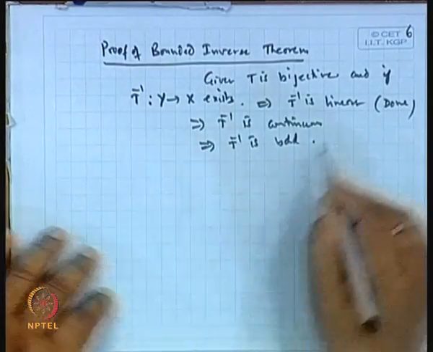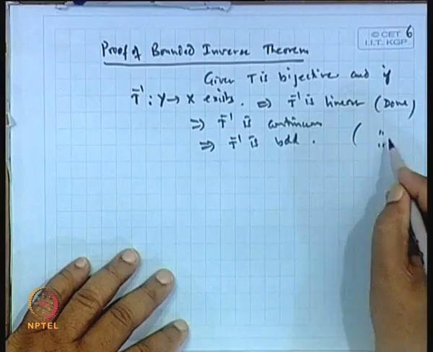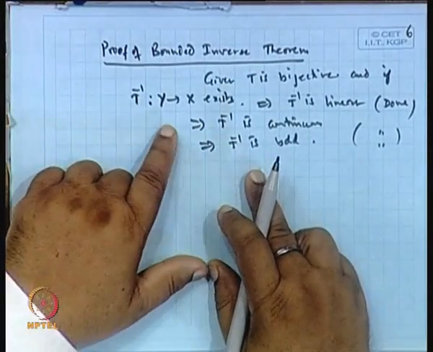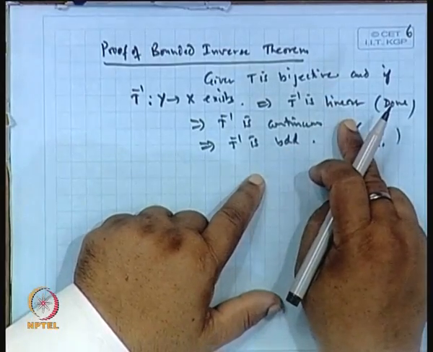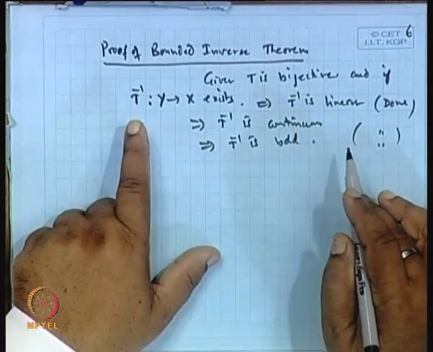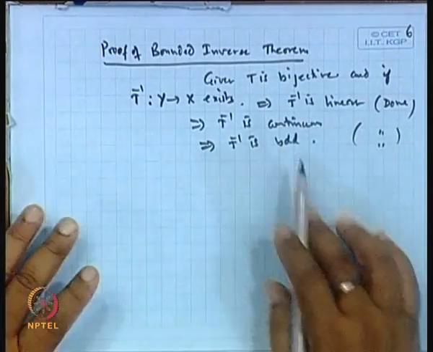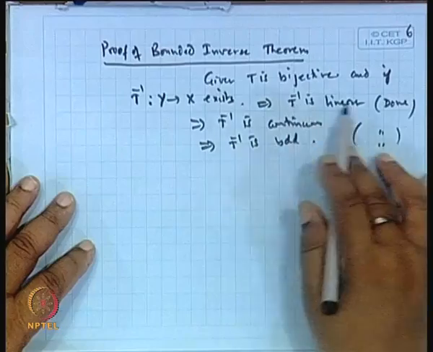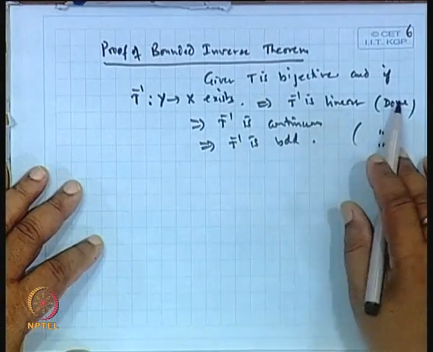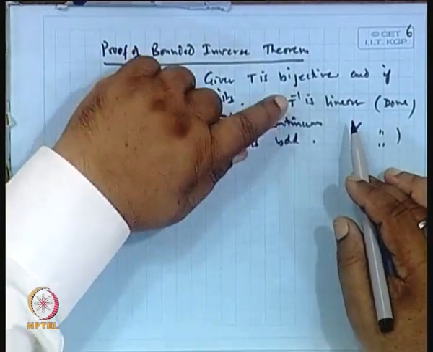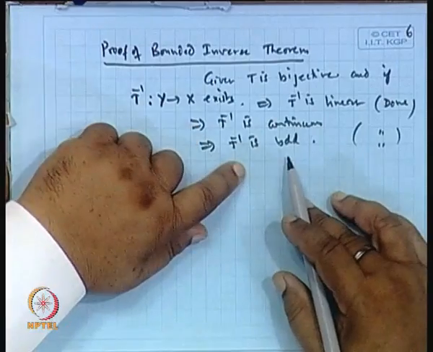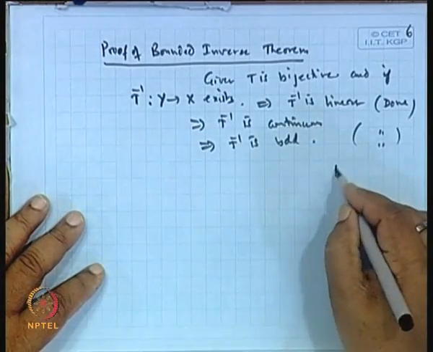We have shown earlier, when we dealt with normed spaces, that for linear operators continuity and boundedness are the same thing. T is linear, T inverse exists when T x equal to 0 implies x is 0, that is one-oneness, and T inverse is continuous and bounded. So, this completes the proof.